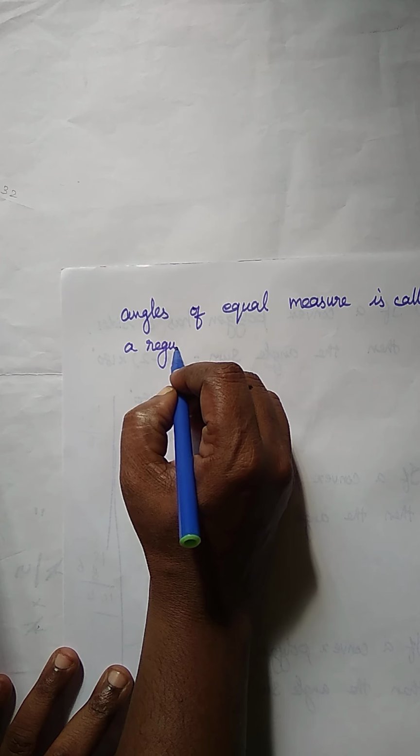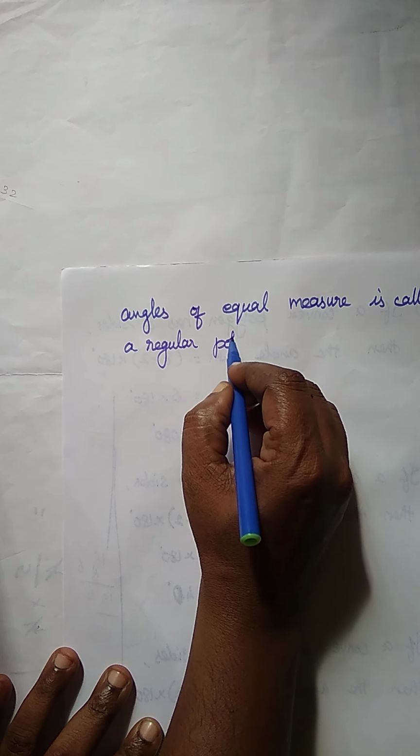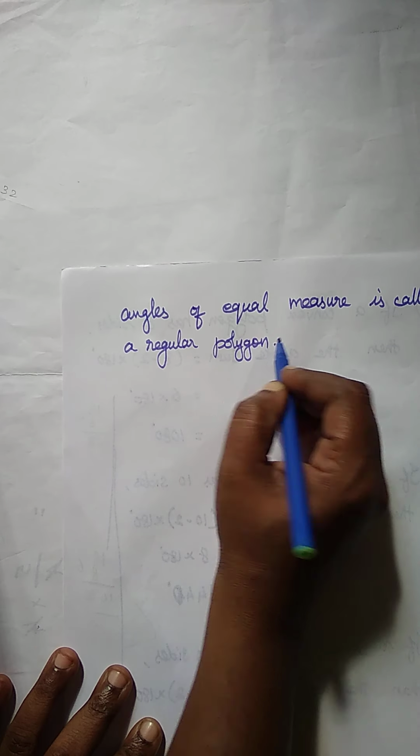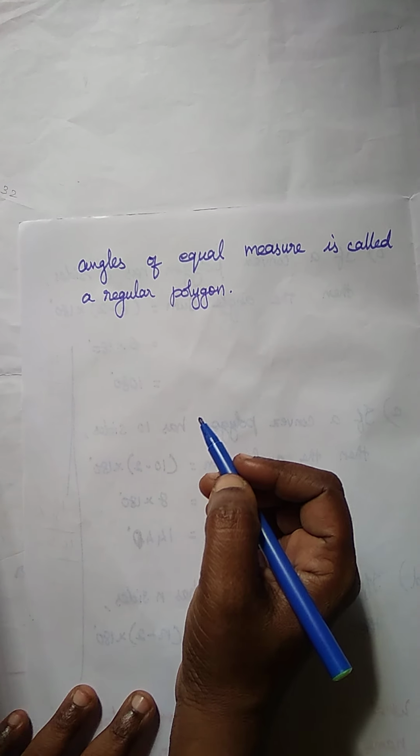Okay, this is the definition of regular polygon. All the sides are equal, all the angles also equal, it is called a regular polygon.